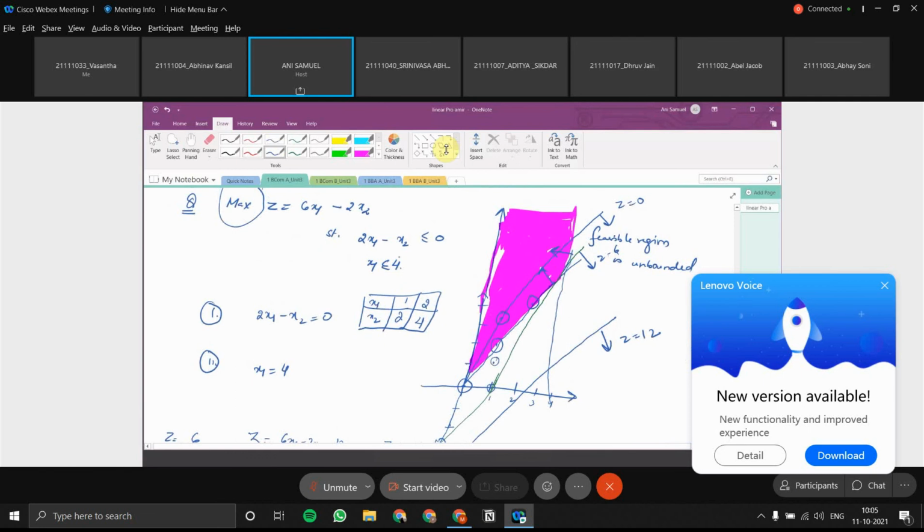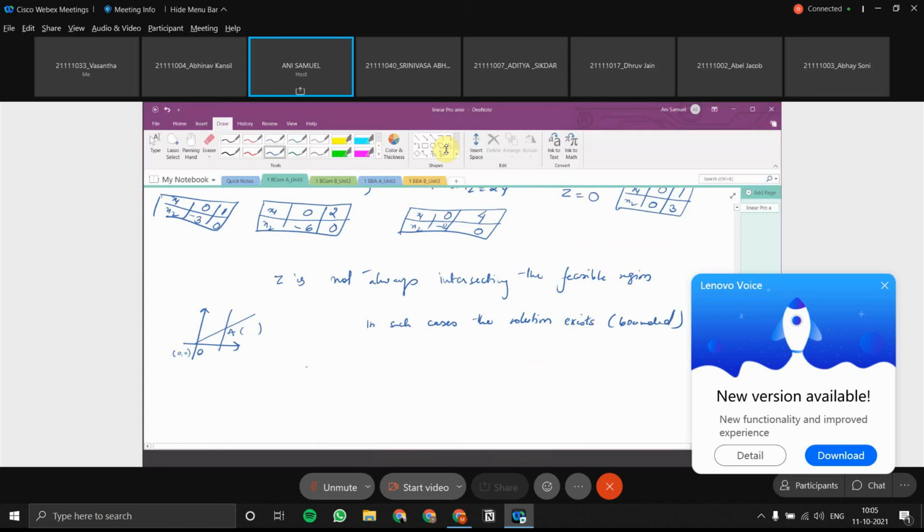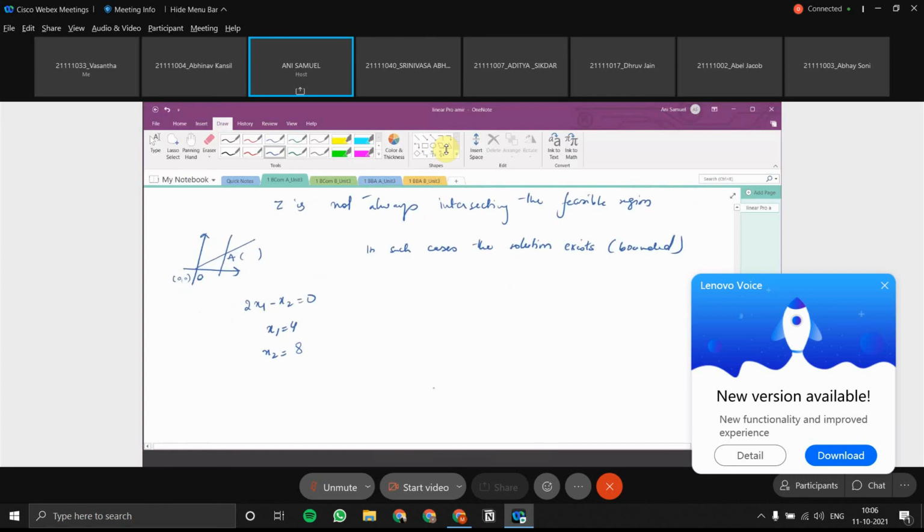This point is intersected by 2x1 minus x2 equal to 0 and x1 is equal to 4. So what is x2? x2 is equal to 8. Yeah. So now I have got 2 points which are 0, 0.